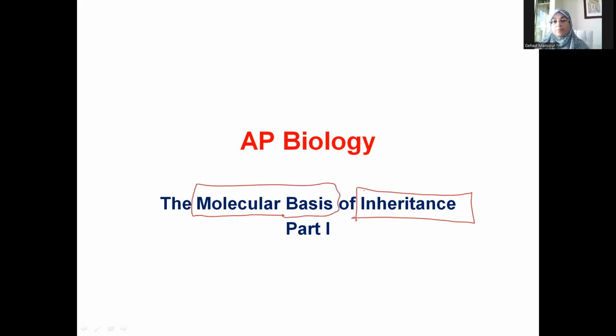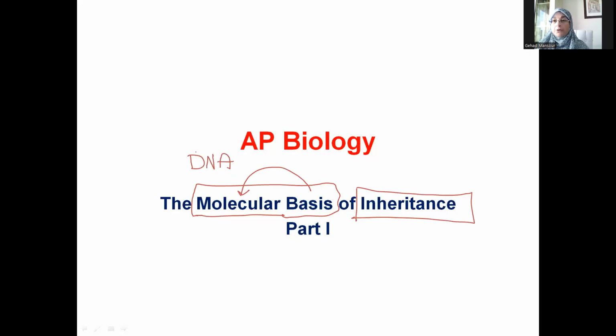What does this mean? This means that all processes of passage of characteristics from parents to offspring are based on a molecule, and that molecule is extremely important, and it is mainly the DNA molecule.